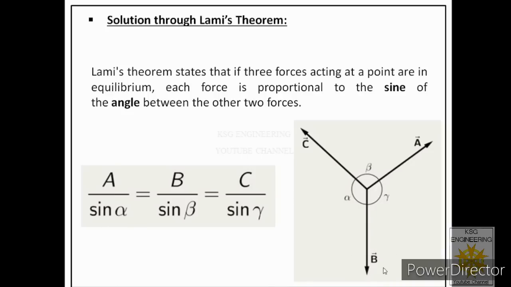Similarly, if we pick next force B, then we have to see the angle between other two forces. Other two forces are A and C. So between these two, angle is beta. So that is why over here it is written B divided by sine beta. Similarly, we will write for C divided by sine gamma. I hope Lami's theorem is clear to you. Now let us apply this theorem to the same problem.